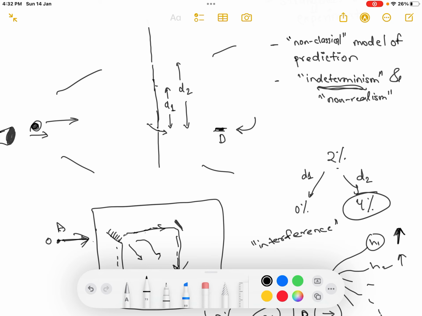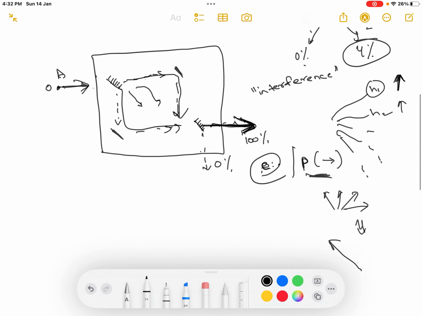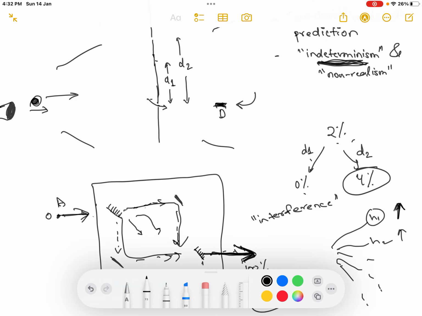We just know that if you send 100% of it, in case of D1, 0% will end up at your detector, and in case of D2, of every 100 photons you send, 4 will reach. But you can't say which one of those 100 will actually reach D and which ones won't. So that was one major challenge. And if you have read that quote by Einstein, God does not play dice with the universe, he was trying to oppose this very idea which quantum theory was trying to imply.